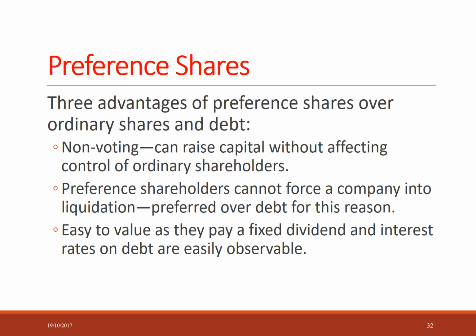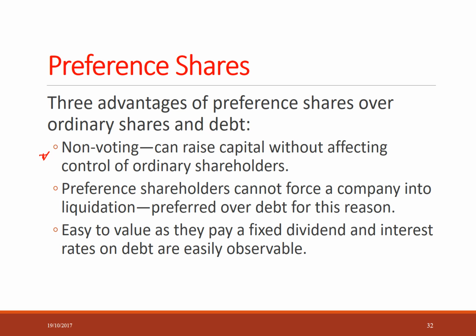So with preference shares, the advantages from a company's point of view relative to ordinary shares and debt are, firstly, it's non-voting, so it cannot dilute the current power of the ordinary shareholders.